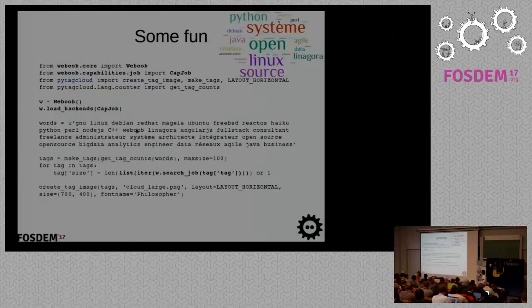We'll make a tag cloud of all these words with a size depending on how many jobs we found. So we just count how many items are in the list when we iterate over the result of the job search for each of these words. The actual code has some more checks, but that's way enough.